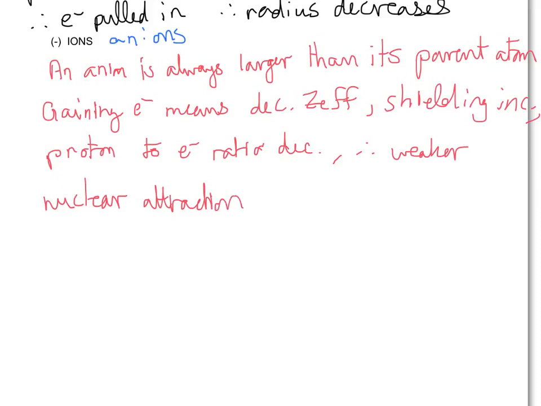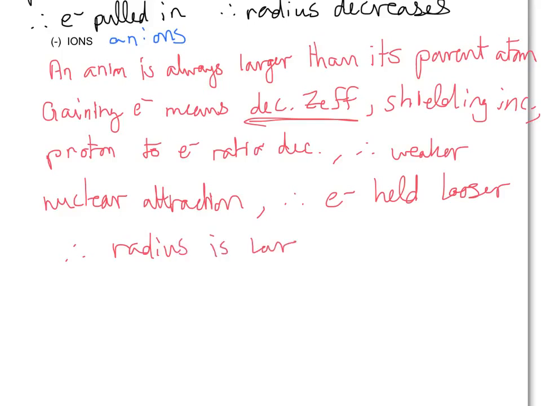So basically we just gave two statements to support that Zeff decreases. If you have weaker nuclear attraction, that means the electrons are held looser, and so therefore your radius is larger.